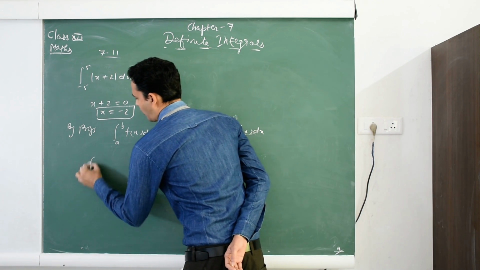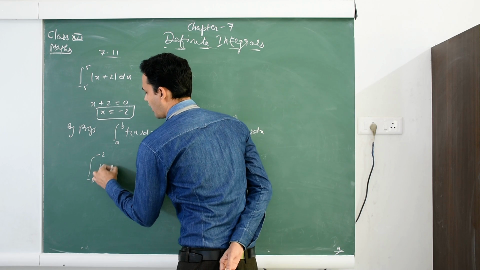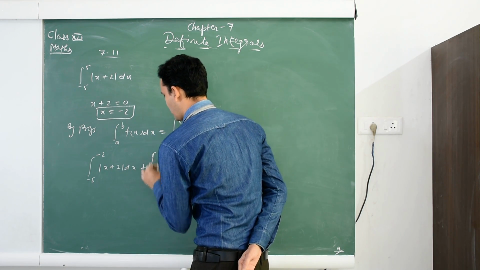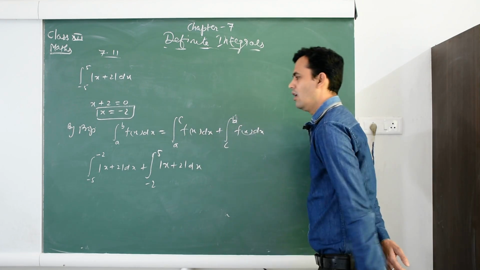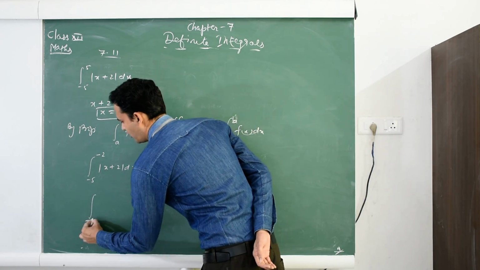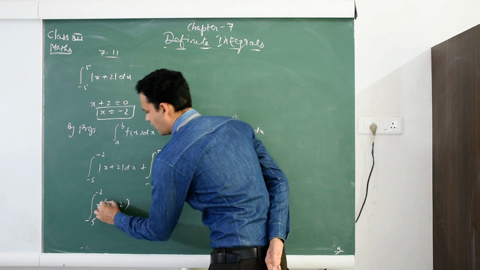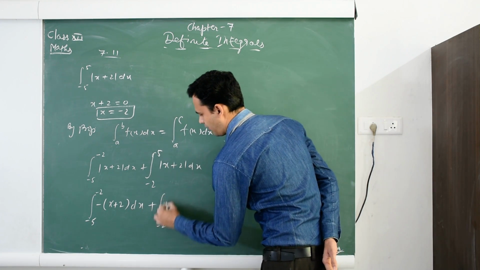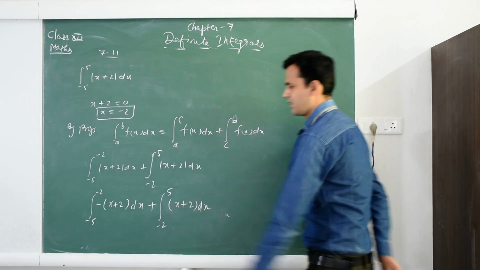So, the question will be integral minus 5 to minus 2 of mod x plus 2 dx plus integral minus 2 to 5 of mod x plus 2 dx. So, if we remove the modulus sign in the first, we get minus of this function, and in the second, if we remove the modulus, we have the plus sign.